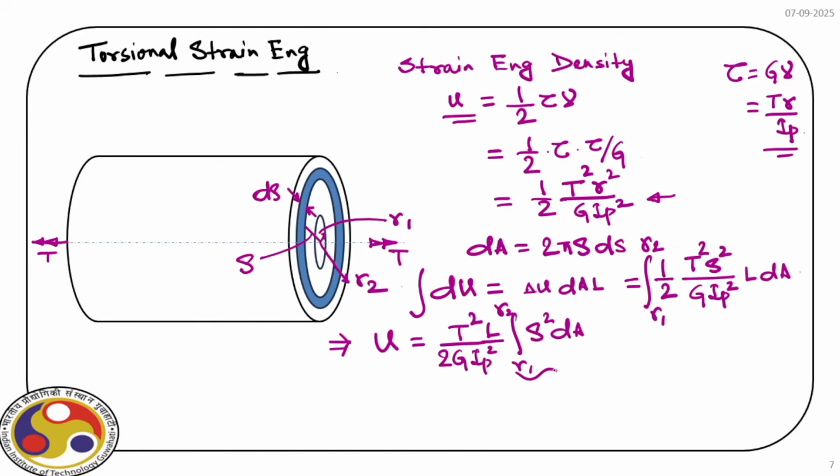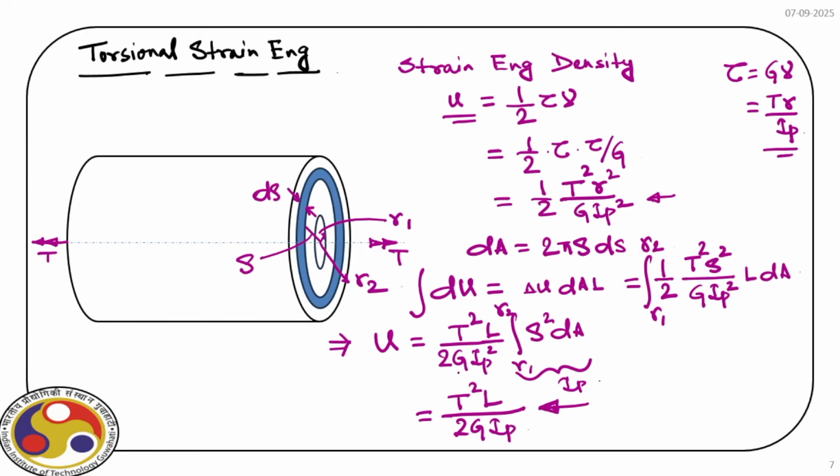Now this quantity is the polar moment of inertia Ip. So effectively we have T squared L divided by twice G Ip. That is the expression of torsional strain energy stored within the shaft. Right.